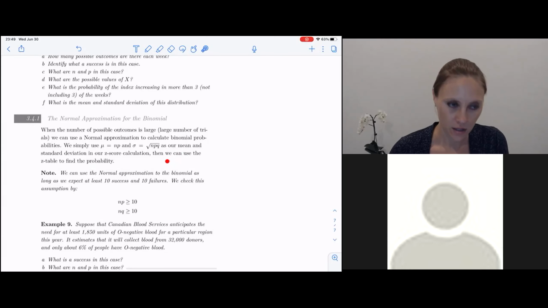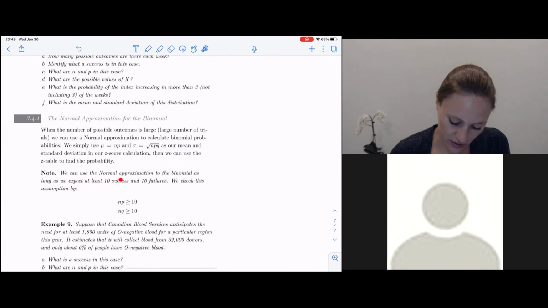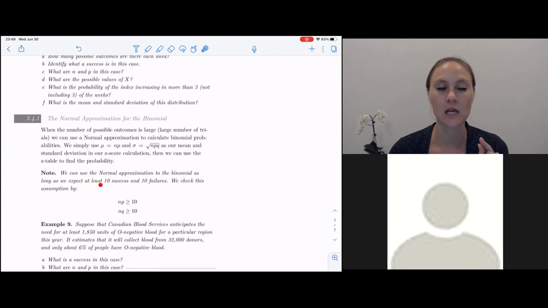We can use the normal approximation to the binomial as long as we expect at least 10 successes and 10 failures. Remember, there's that word expect again, and the expected value is the mean, which we find by n times p.